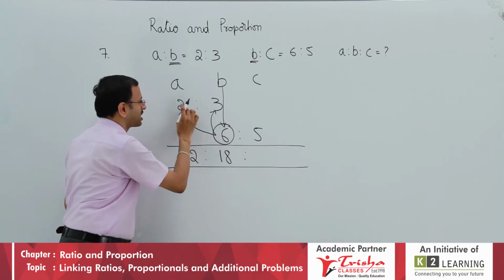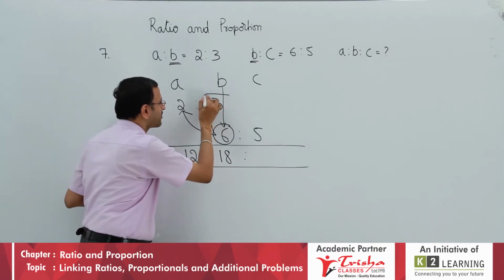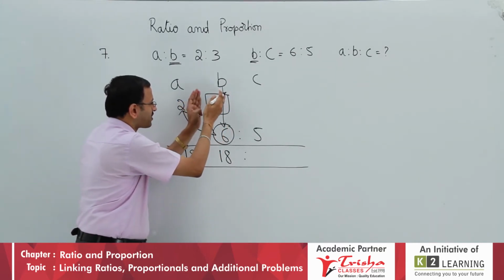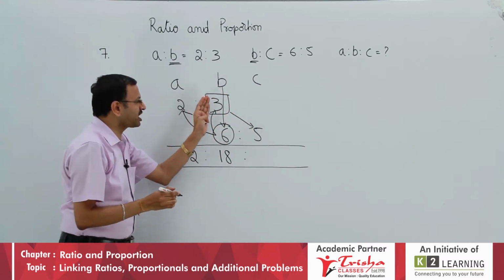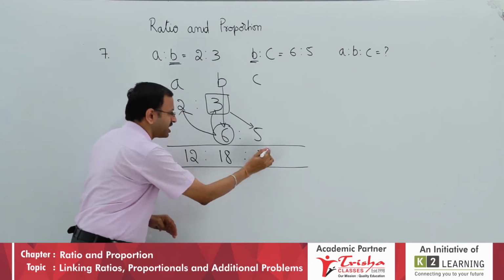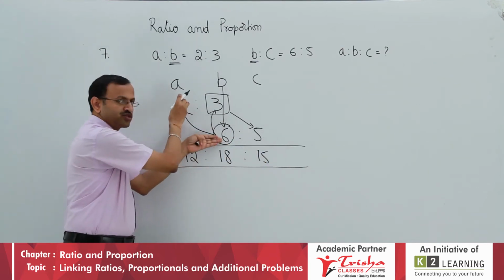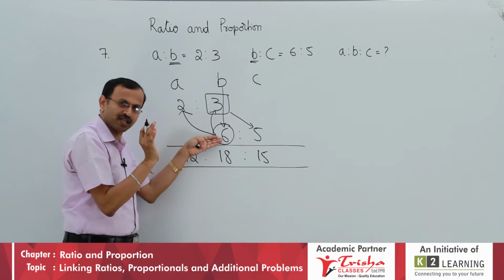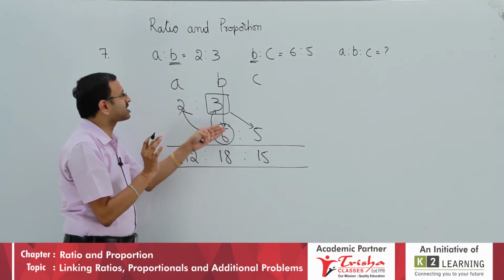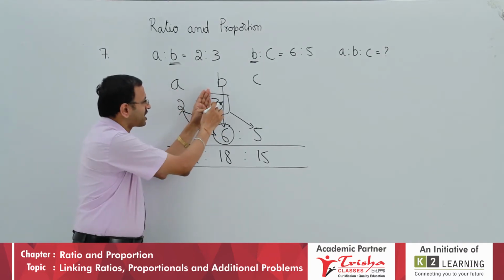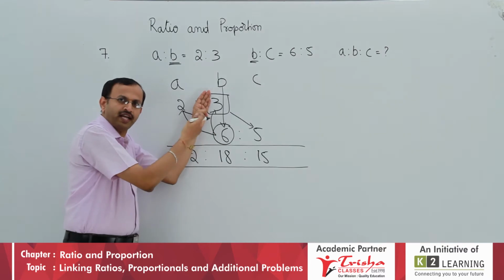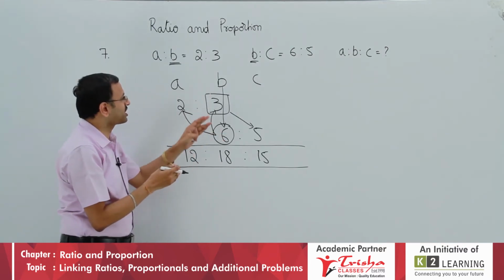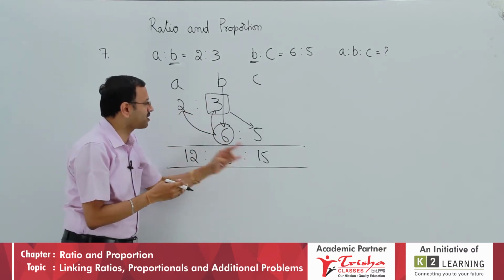Then take 3, the first ratio's last number, and multiply it by 5. 3 5s are 15. Repeating again: 6 2s and 6 3s is the first step. Then for the 3, 6 3s is the same, no need to write again, it is 18. And 3 5s is 15.